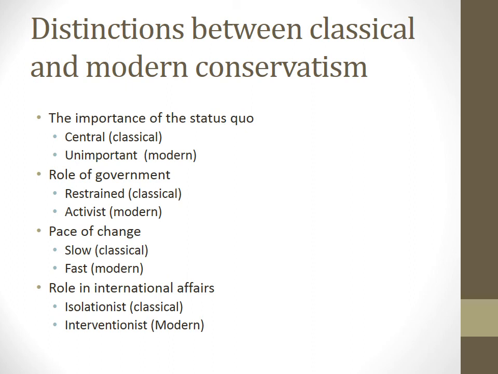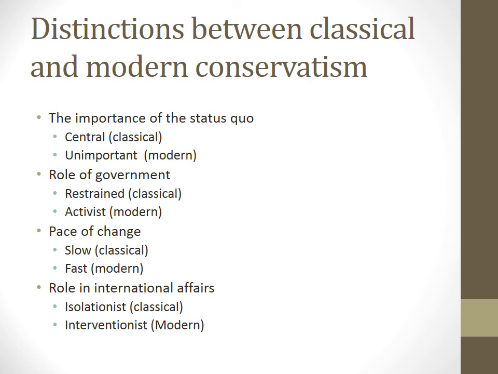Even if the status quo is not something you would necessarily like, the alternative is not necessarily better. Oakeshott wrote about that. In modern conservatism, status quo is unimportant. In fact, modern conservatives often feel you have to be a little more radical to restore a prior order and get rid of what we currently have, because what we currently have is problematic.